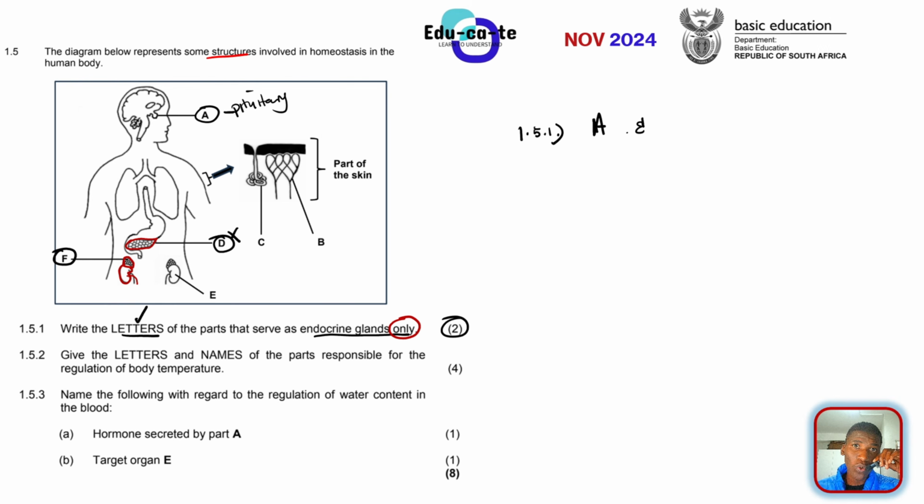It secretes aldosterone, the one that is used to regulate the salt levels in the blood, and it also secretes adrenaline as well. So there are two hormones, aldosterone as well as adrenaline. And we do not hear of the adrenal gland secreting anything into ducts. So basically, we can just say that the adrenal gland can only act as an endocrine gland completely.